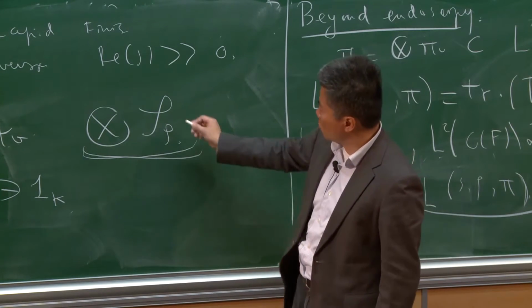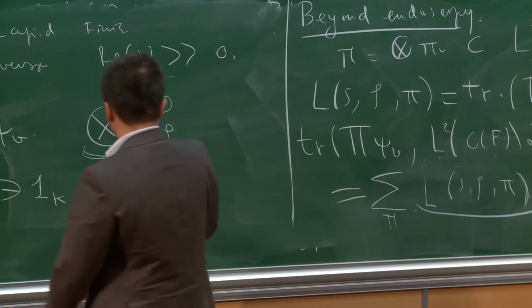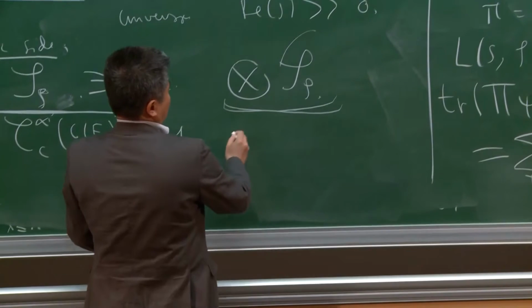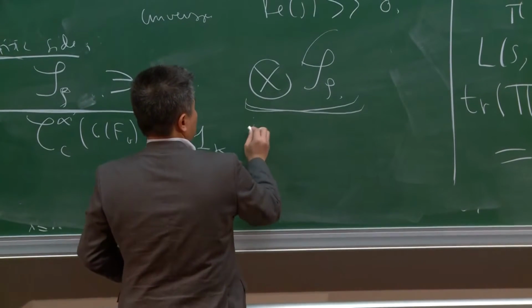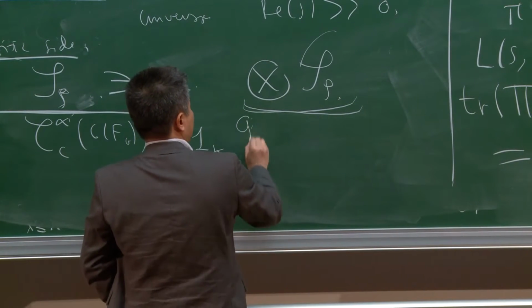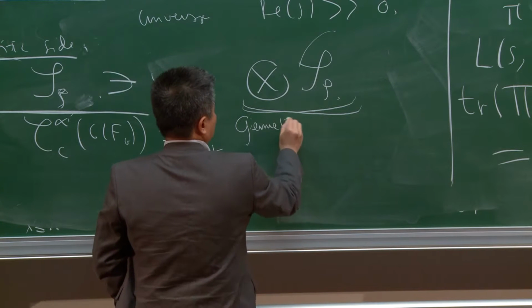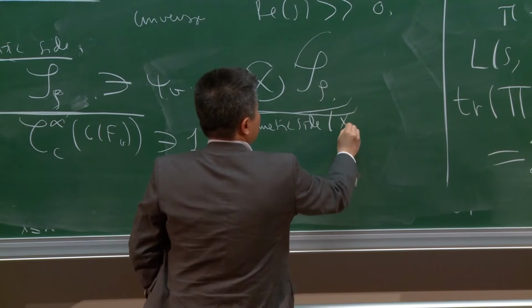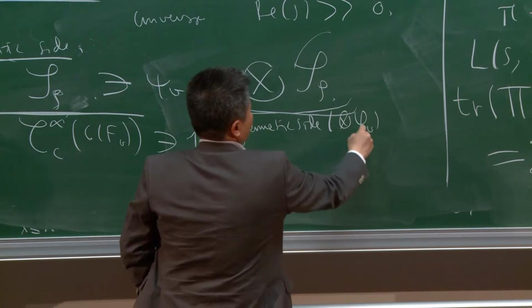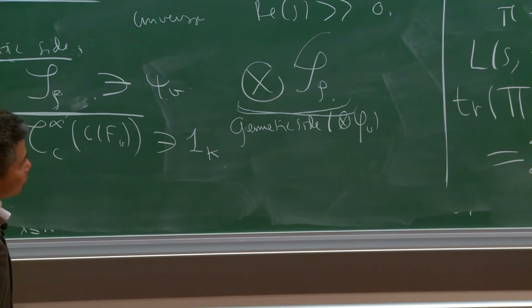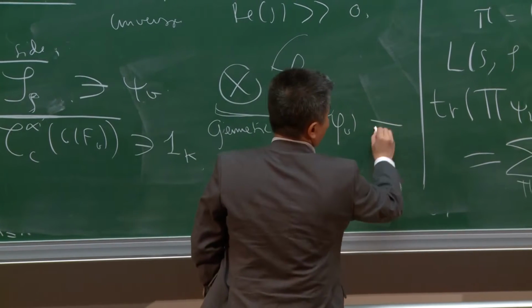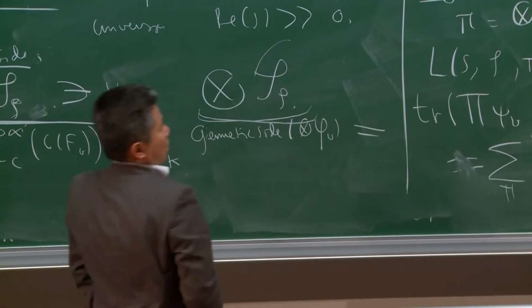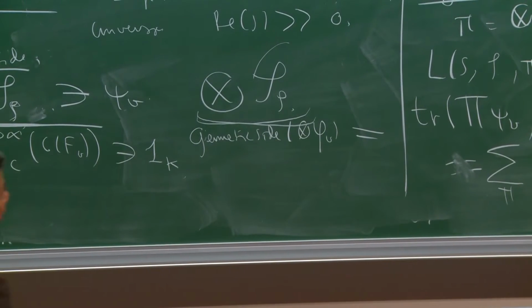And so there needs to be the geometric side of some function phi in this space, where phi_v is equal to psi_v for almost all places, and this gives this kind of sum of L functions.